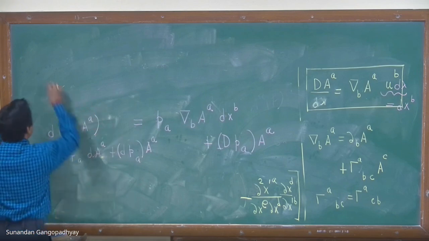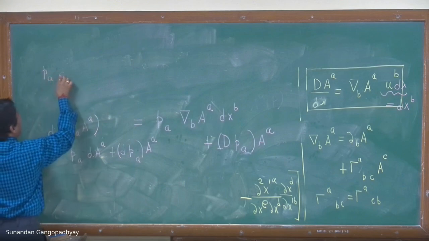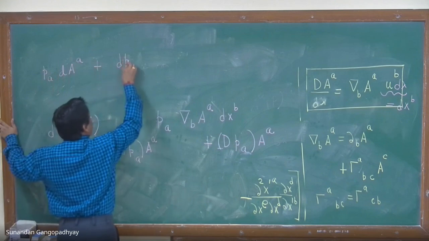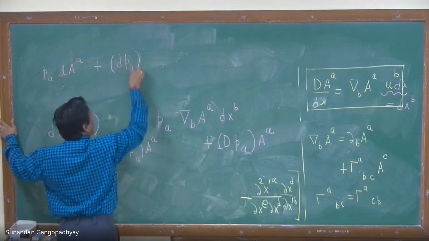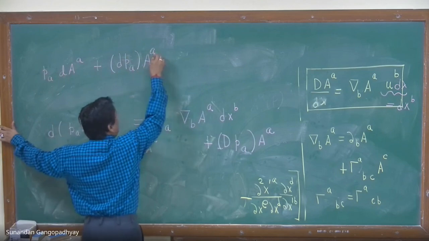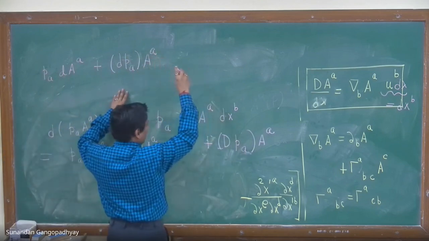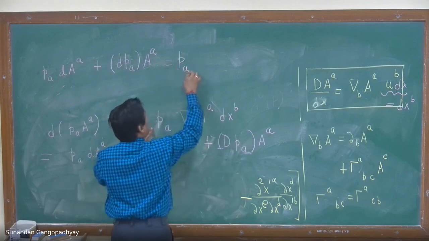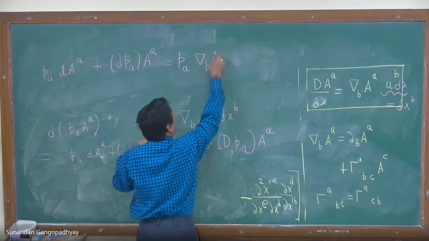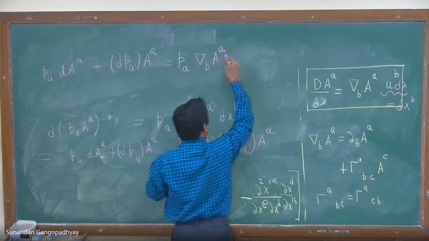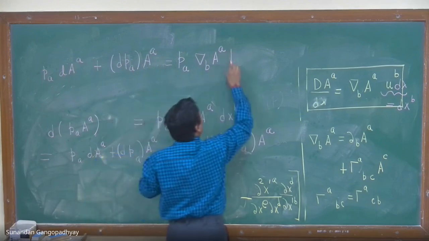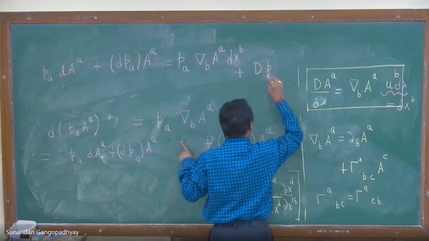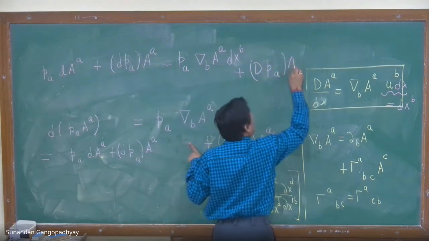So let me write this equation on top once again: p_a dA^a plus A^a dp_a is equal to p_a grad_B A^a dx^B plus A^a Dp_a.